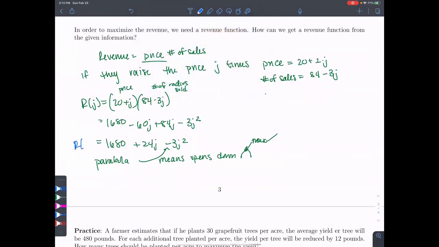This is R of J. We're going to do R prime, which would be 24 minus 6J. Set this equal to 0. We're looking for that maximum. So 6J equals 24, J equals 4.